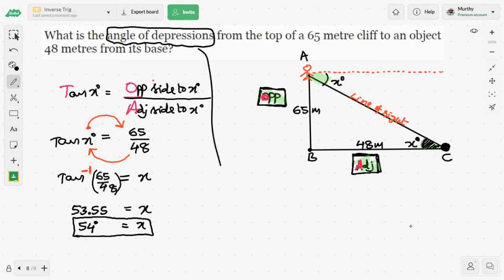You have to specify the value of x. So the angle of depression is approximately 54 degrees.